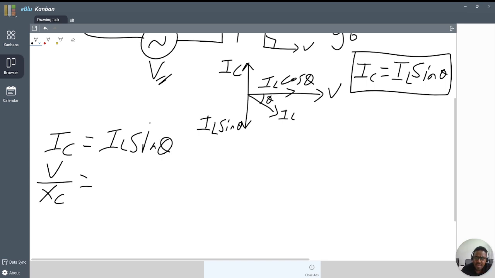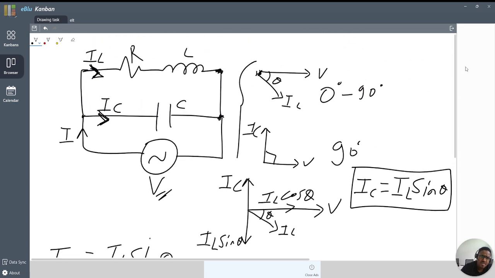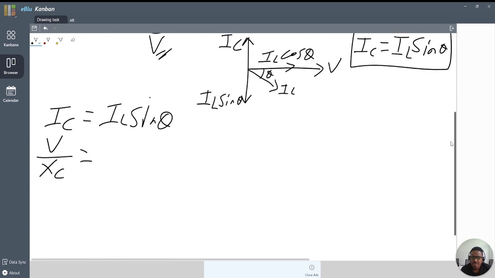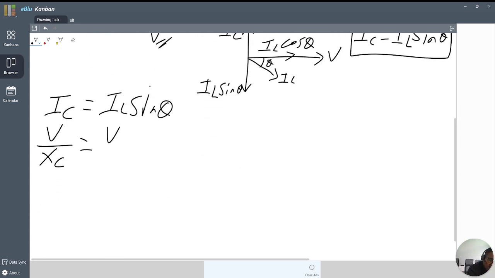The same with IL: it has a resistor and also an inductor, so it is the voltage applied over the impedance of the R and L circuit, V over Z1.